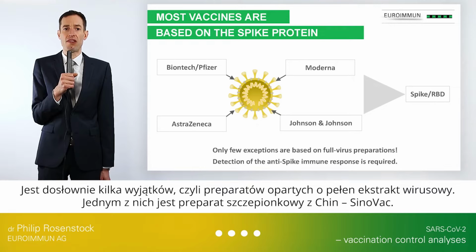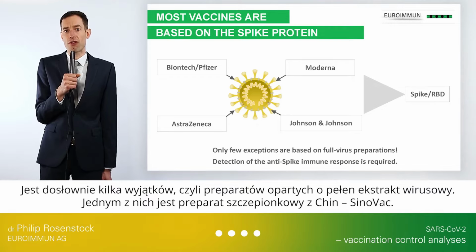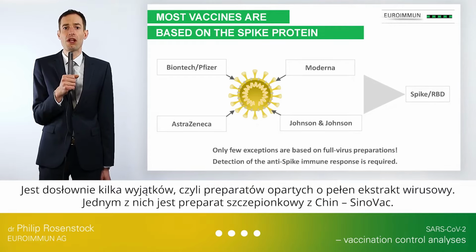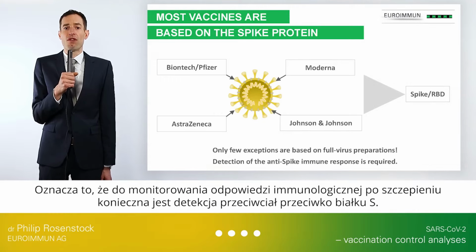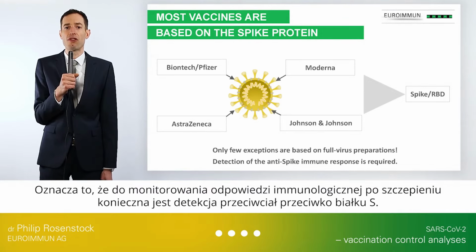So only few exceptions are based on full virus preparation. One of the most prominent is the Chinese Sinovac. That means for the detection of immune response to the currently registered vaccines, the detection of the anti-spike immune response is required.